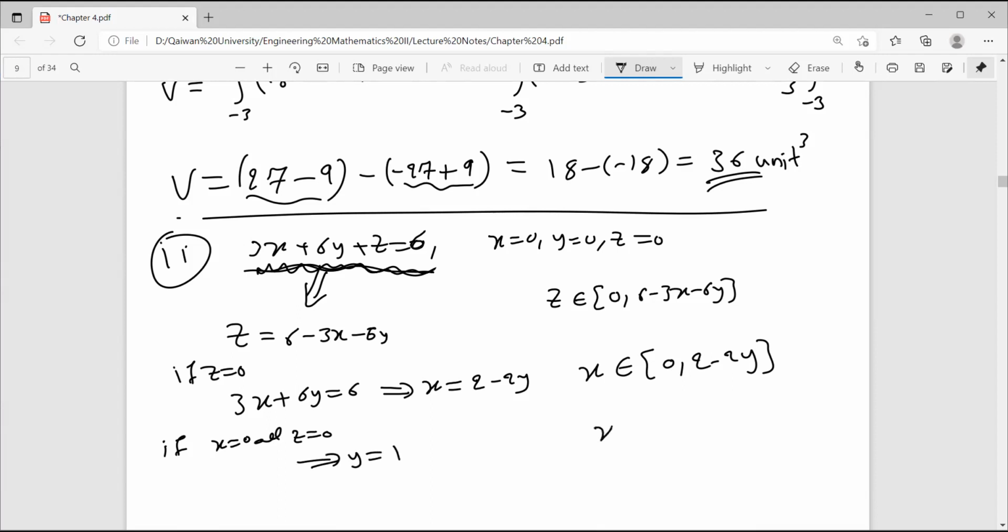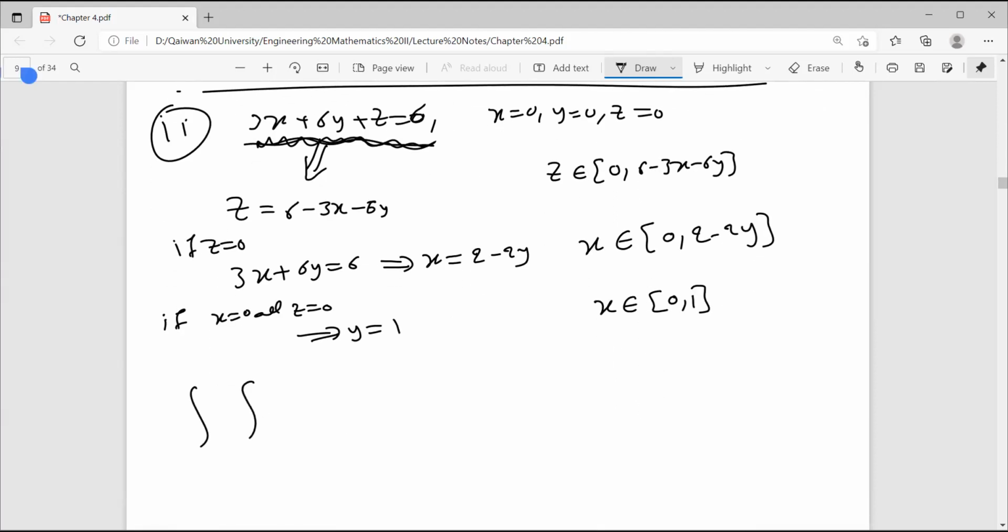That means the upper limit of y is 1. Y belongs to 0 to 1. So which integration should be first? With respect to z, because in z we have two independent variables. We always go first with the function which has the most independent variables, and then to the constants.